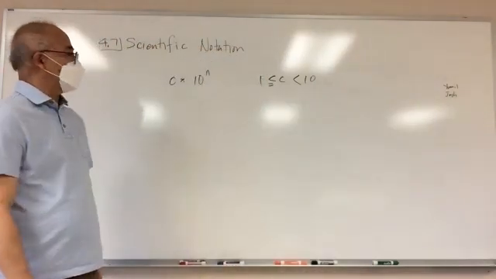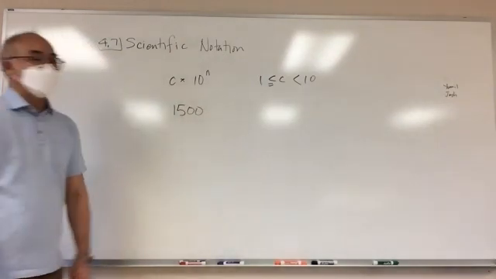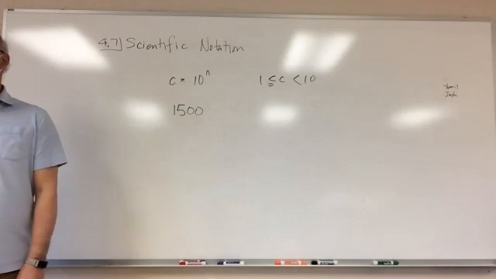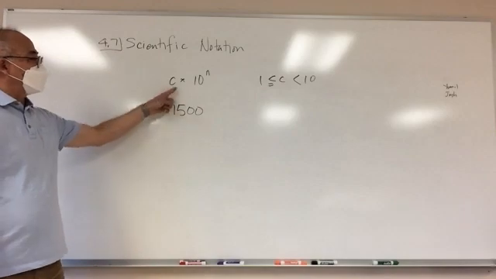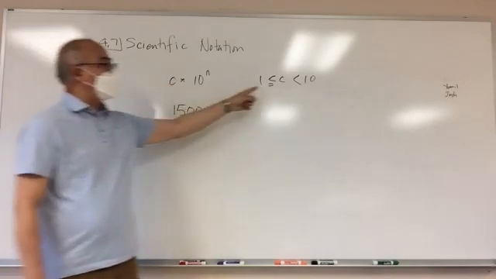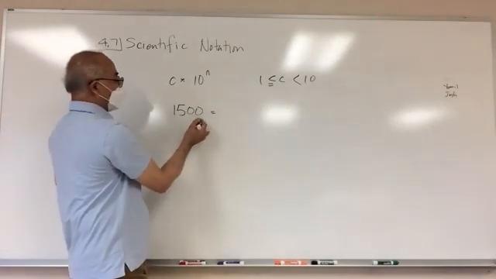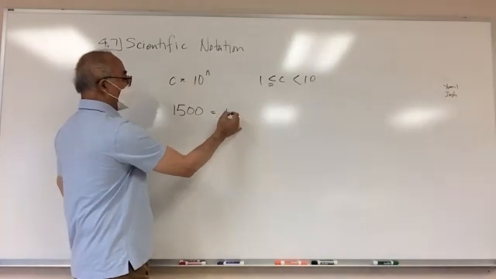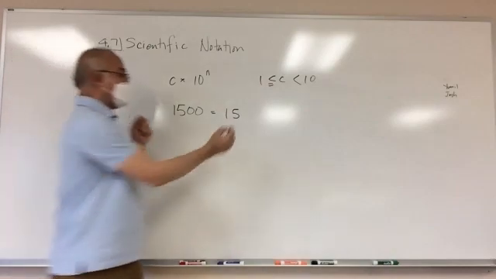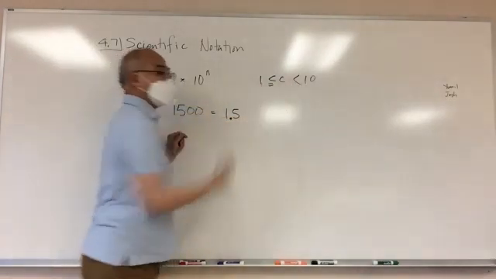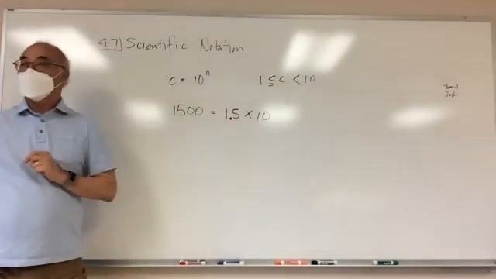Okay, so how does this work? Let's say that I have 1500, and I want to express this in scientific notation. The way I would do this is I want to create c that is between 1 and 10. What number is that going to have to be? It can't be 15, right? It has to be 1.5. Good. Because it has to be between 1 and 10. Now it's going to be times 10 to the third.